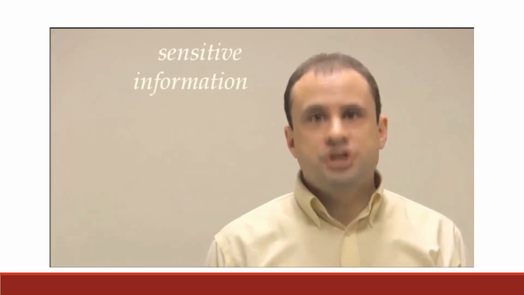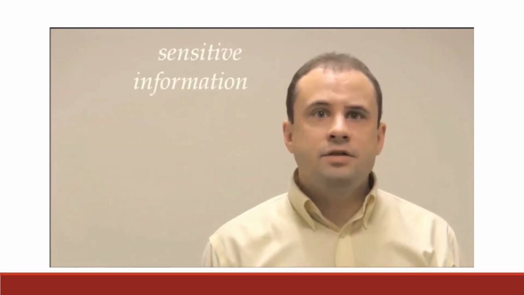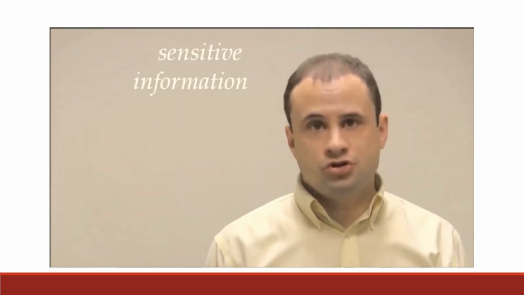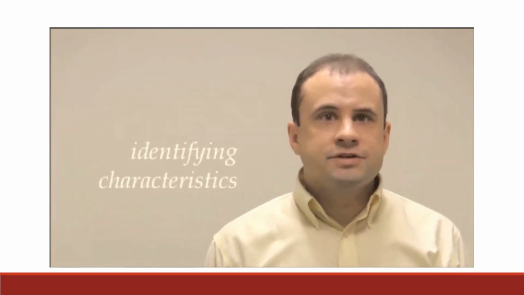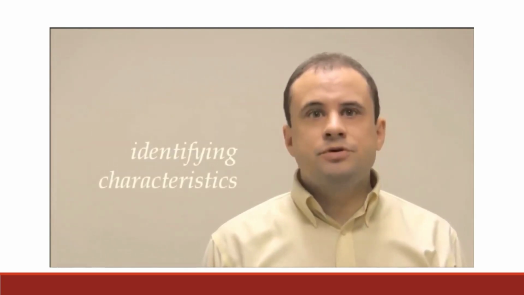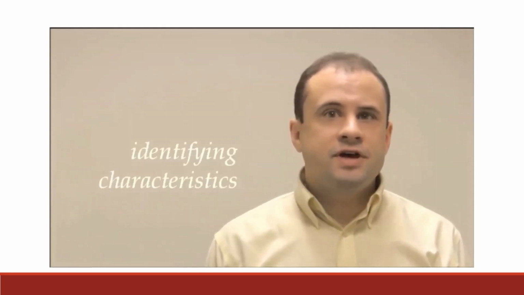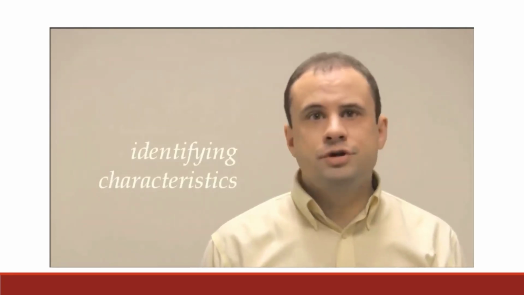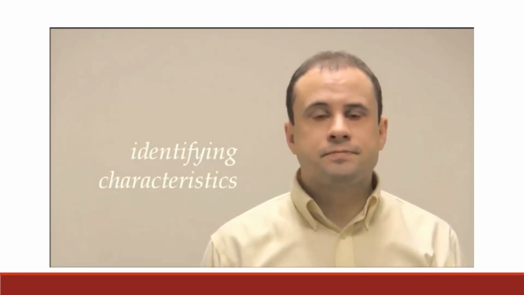For example, genetic profile, sexuality, illegal behavior, mental health, and any information that could lead to stigmatization or discrimination. Identifying characteristics are details that might enable those outside your study team to recognize a subject. Examples of identifying characteristics include a subject's name, social security number, detailed physical description, and genetic profile.